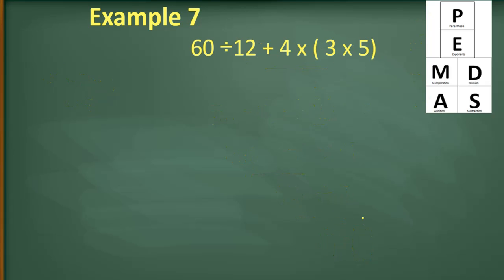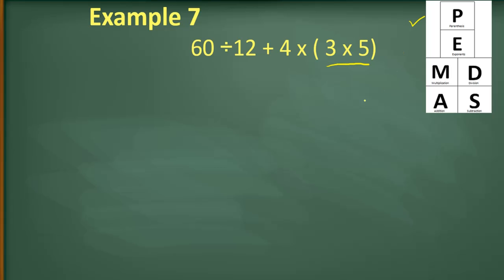If we have 60 divided by 12 plus 4 times open parenthesis, 3 times 5 close parenthesis. So following the PEMDAS rule, P stands for parenthesis. Do we have operation with parenthesis? Yes, we have 3 times 5.